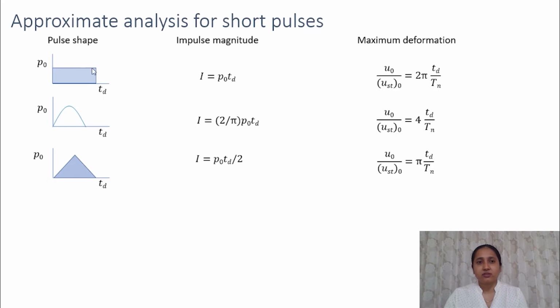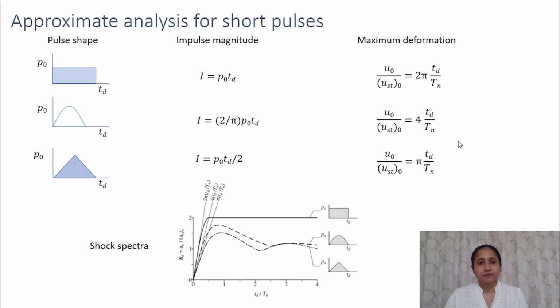In the case of a sine pulse with amplitude P naught, the impulse would be equal to 2 by pi P naught Td, and the deformation response factor would be this. And for a triangular pulse, the area, equal to the impulse, is P naught Td by 2, and here the maximum deformation would be this.